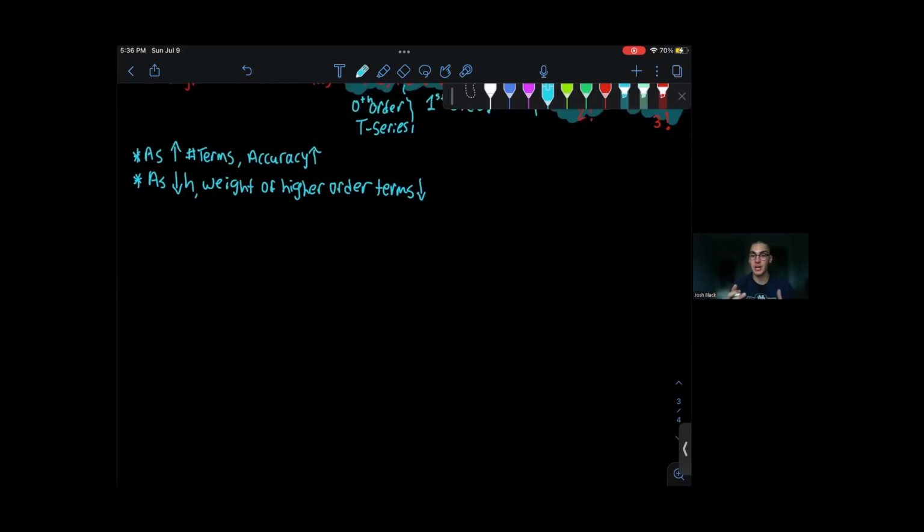Now, this is where the truncation error comes into play. When we remove terms, this is equal to truncating those terms.